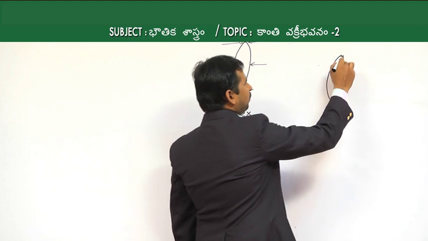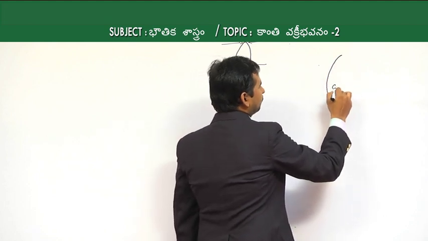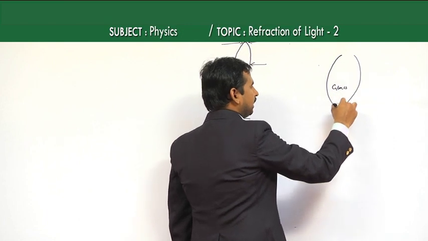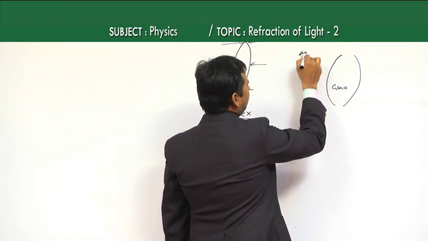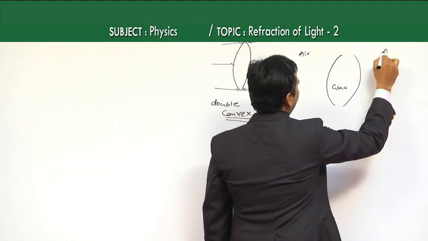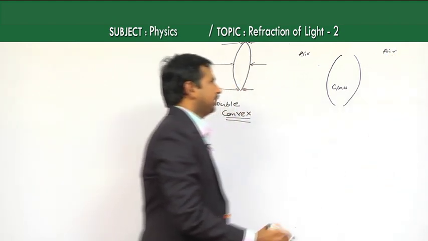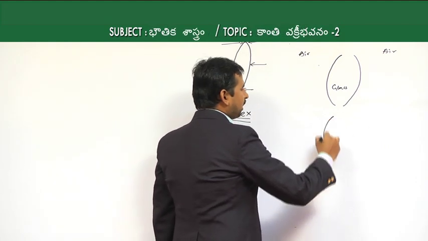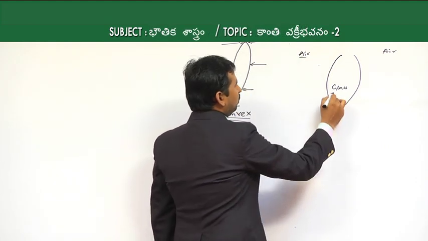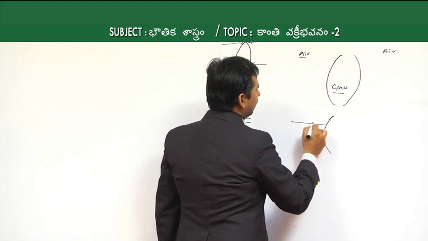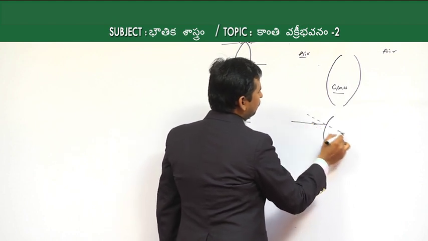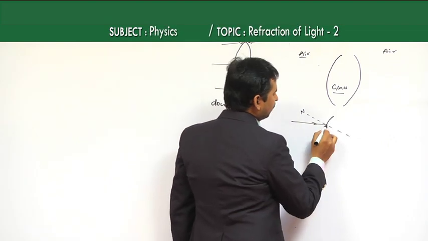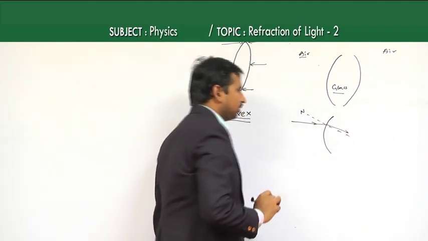Let us suppose here we have the glass medium, and after that again we have air medium, and the light ray is coming back to the air medium like this. Okay. Now, as we already know, whenever the light ray is coming from air to the glass, if this is the normal, the light ray bends towards the normal like this.